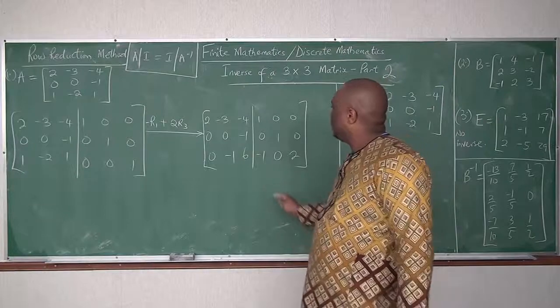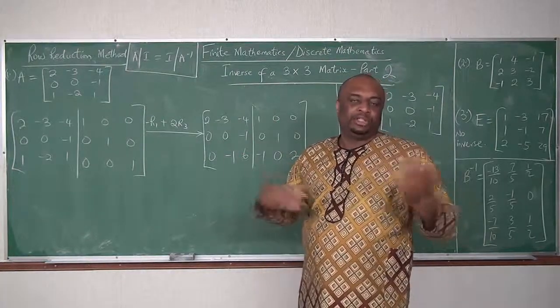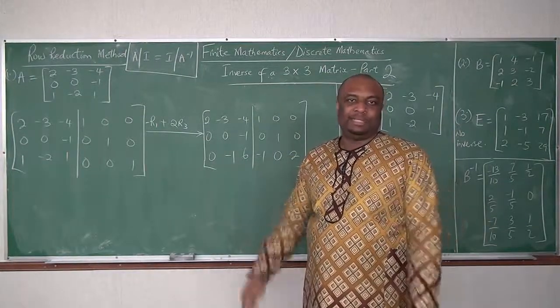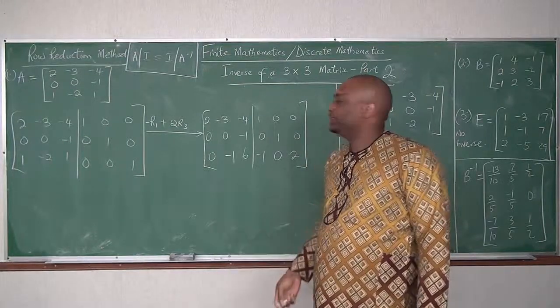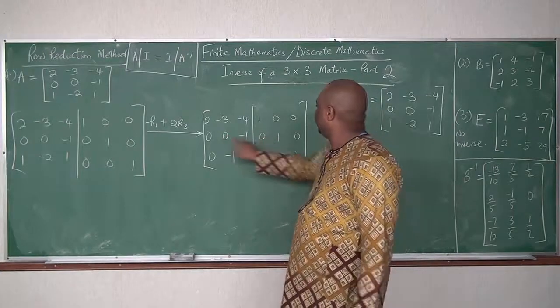So you can interchange 2 rows, and you will still have the same result, because we want this to be 1.